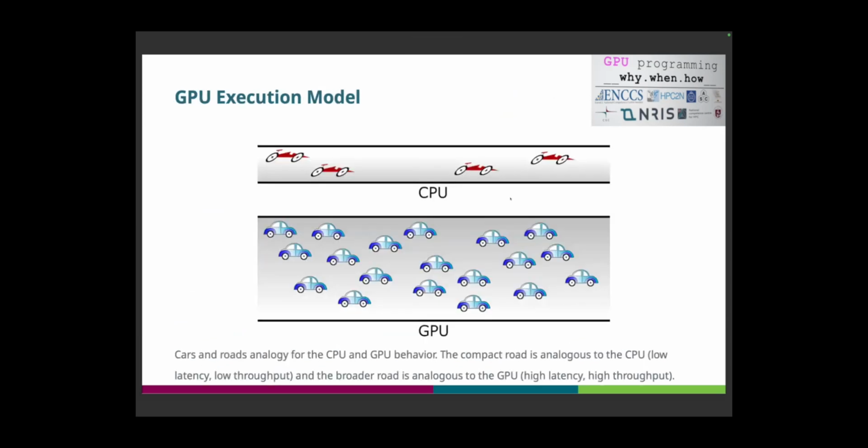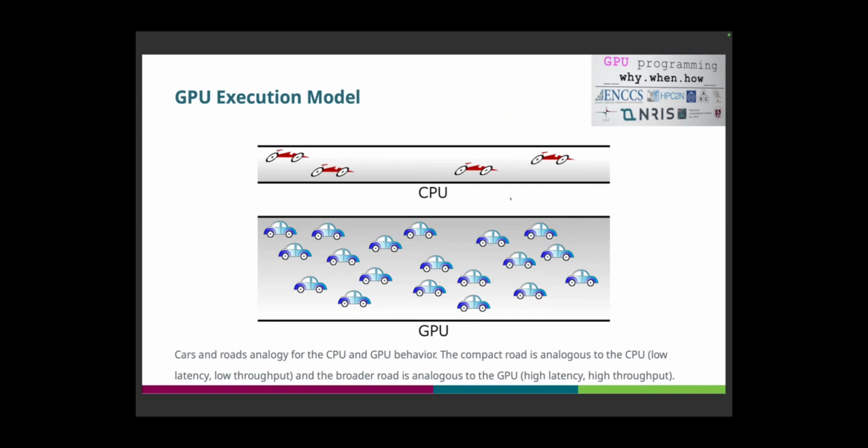So the GPU execution model fits into this shared memory category, and in order to use it, we have to employ thread-based parallelism and expose the parallelism in the application by using this kind of data parallelism. But there is another thing that is very important for GPUs. Unlike CPUs, GPUs are meant for high throughput.